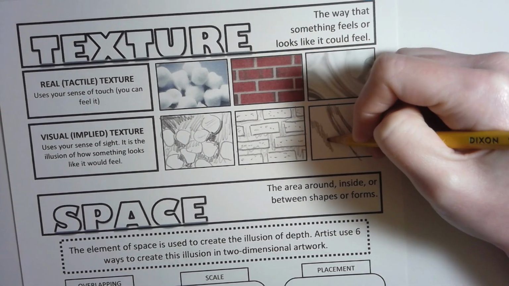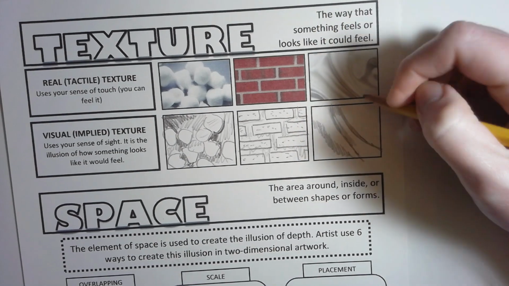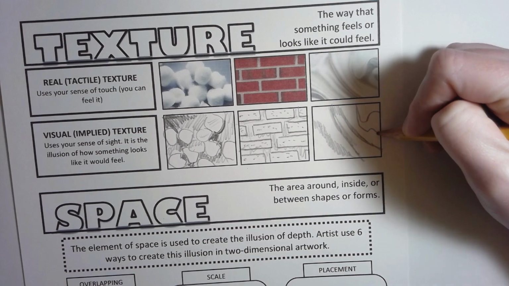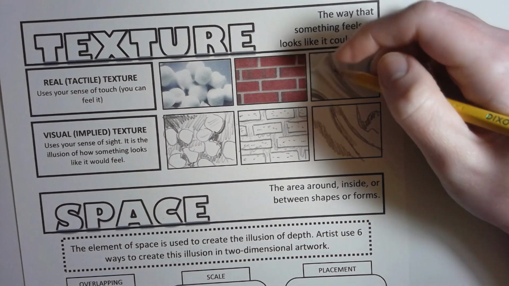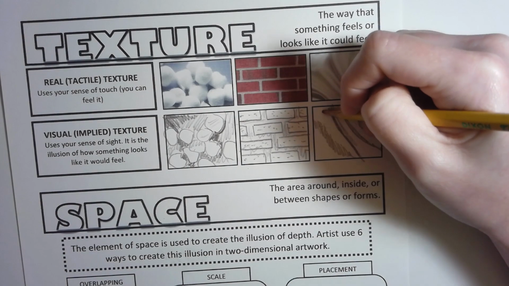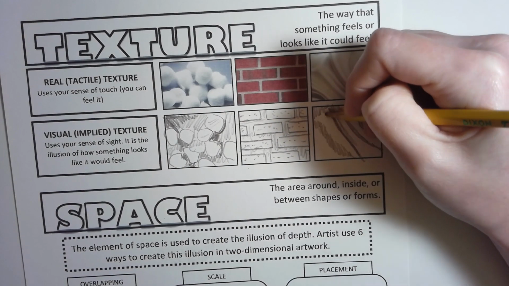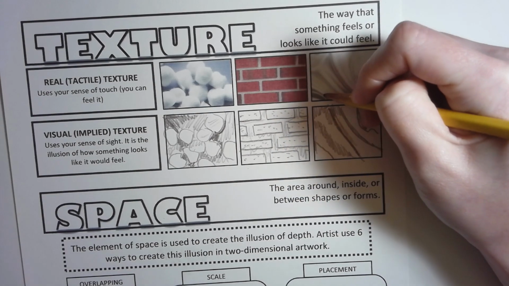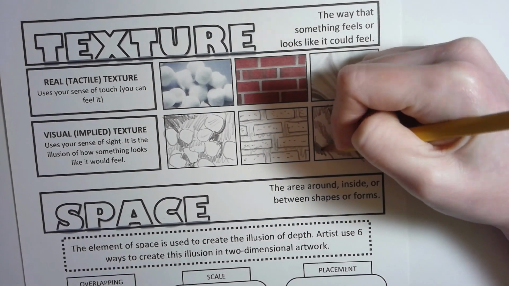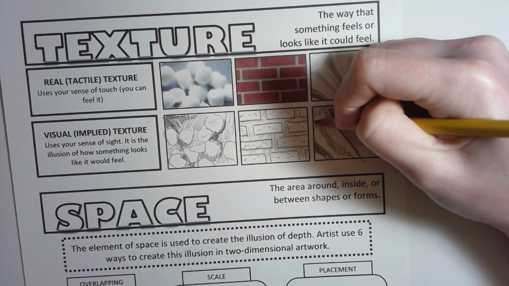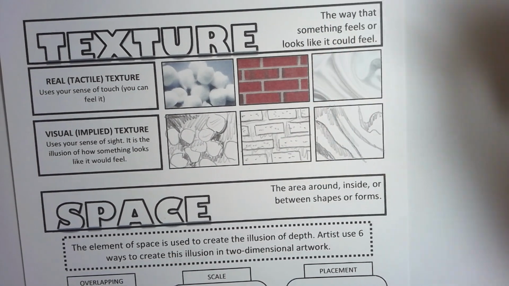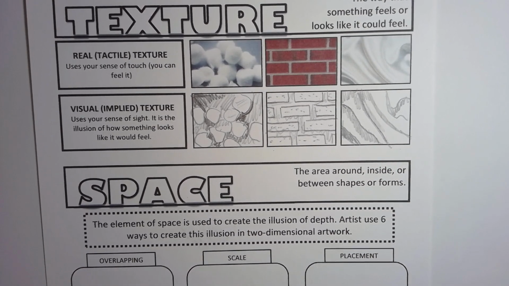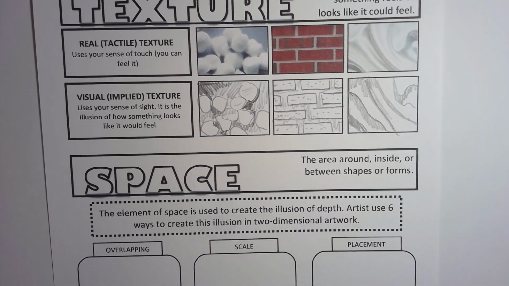If you ever took an art class in college, you'd actually have to sit and draw a bunch of folds in fabric one day as a study. And here's this fold right here. It's a little bit darker. So there's a few of those textures, just trying to create them visually using pencil.